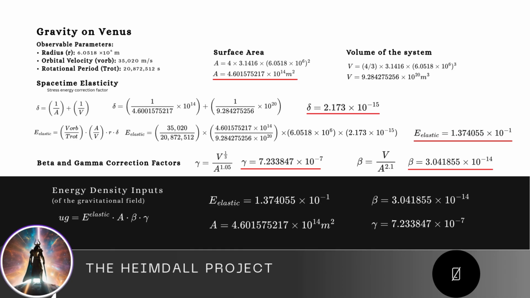For instance, the rotational period of Venus is 21 million seconds approximately. And you'll see at the end of this, we're going to get the correct gravitational field strength, which is 8.87 meters per second squared.